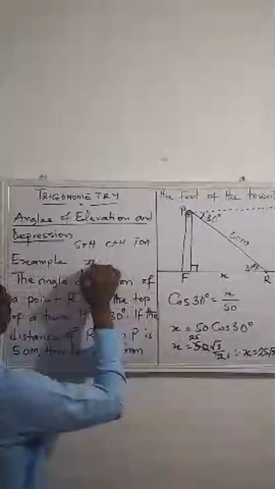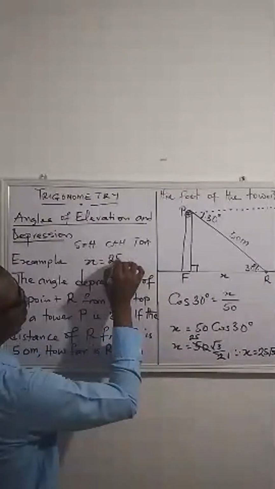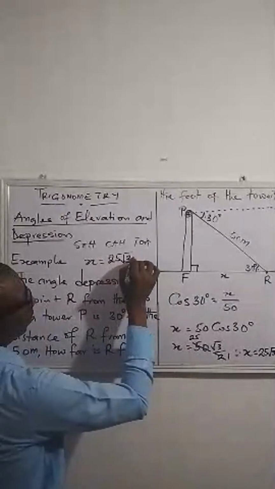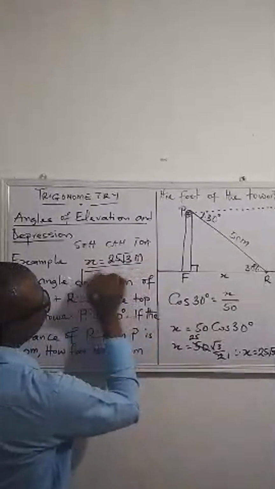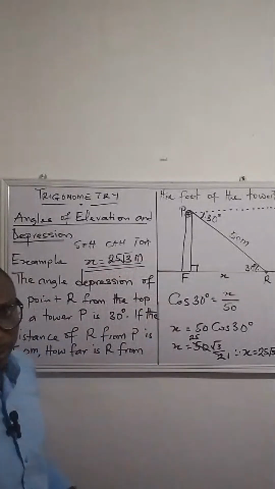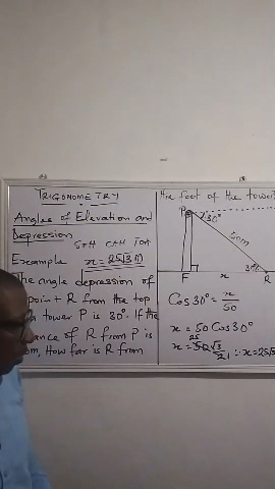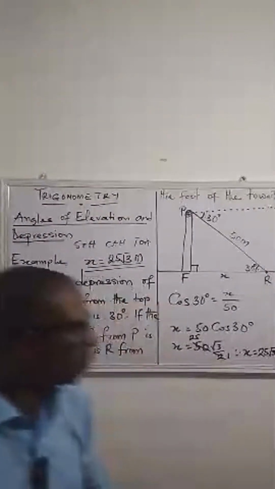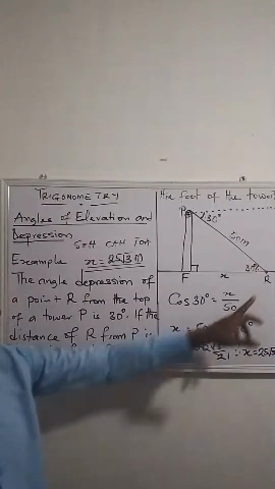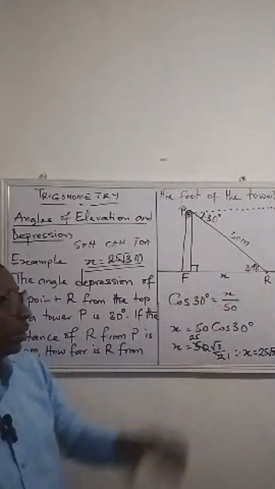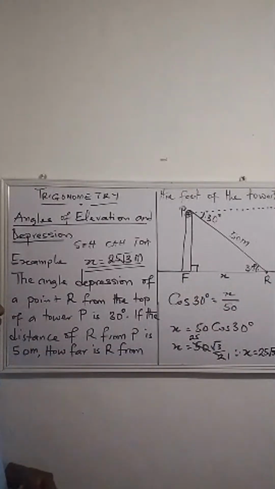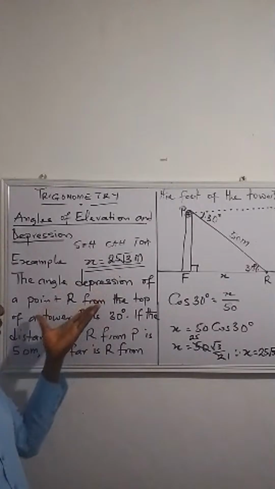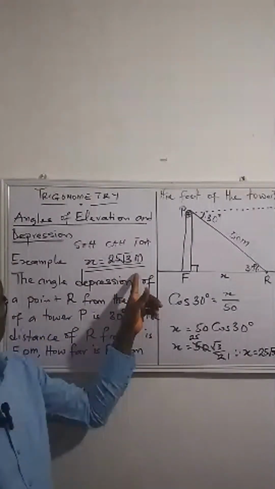That is the answer, the distance between point R and the foot of the tower. And whenever you're answering questions like this, always remember to put the unit.